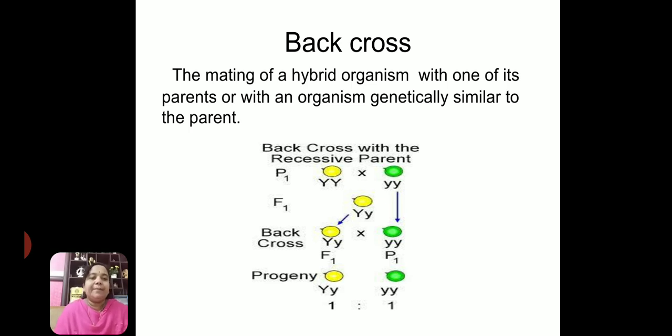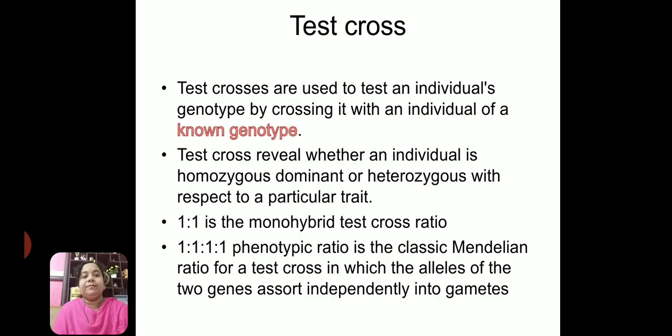When we cross capital Y small y with an individual the same as the parent, which is small y, we get capital Y small y and small y small y in the ratio 1:1. So the F1 progeny is back crossed with one of the parents, either parent. It is called a back cross.